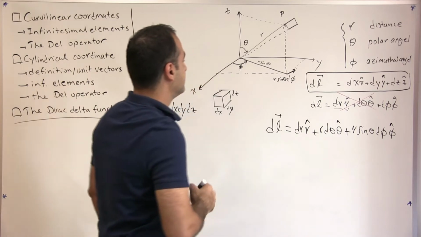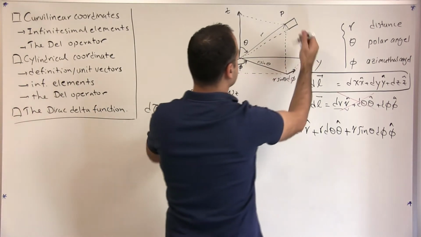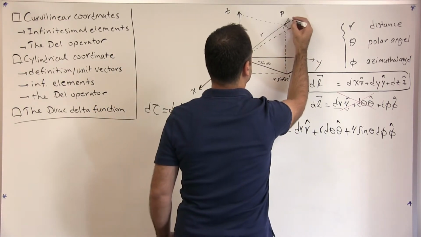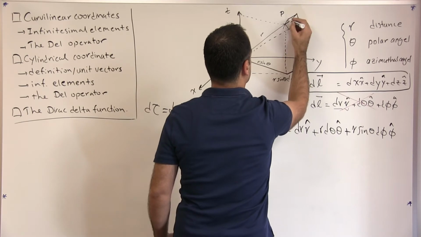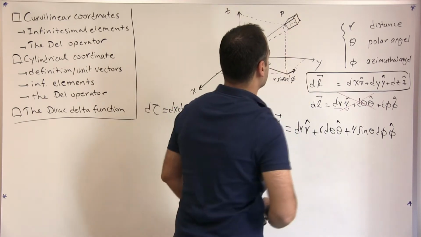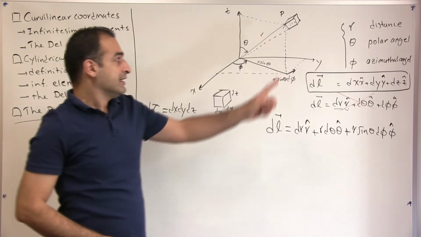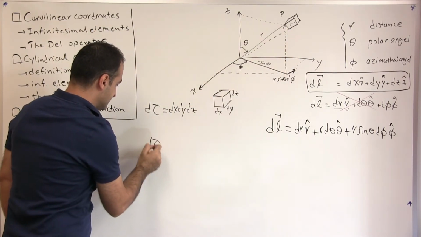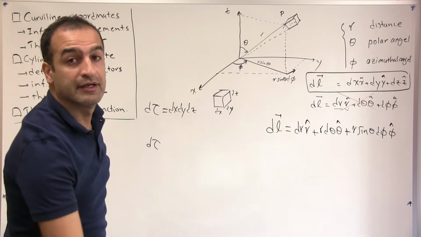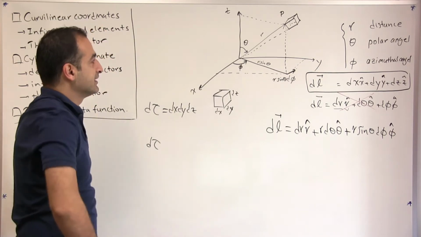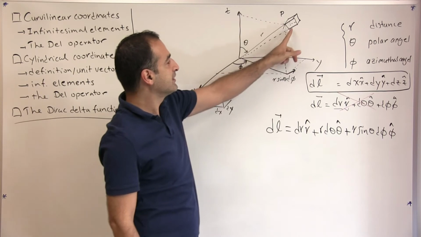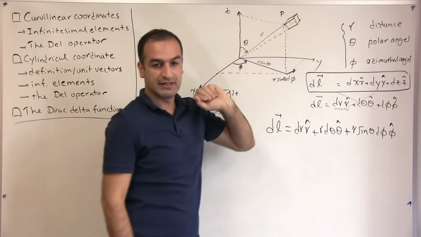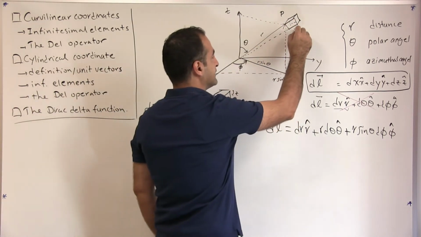This is going to be one side of the cube, and if we increase phi, we're going to extend the cube in this direction. The volume of this is the d tau that we want to figure out in spherical coordinates. Now you guys tell me what are the lengths of these sides. What is this length here?